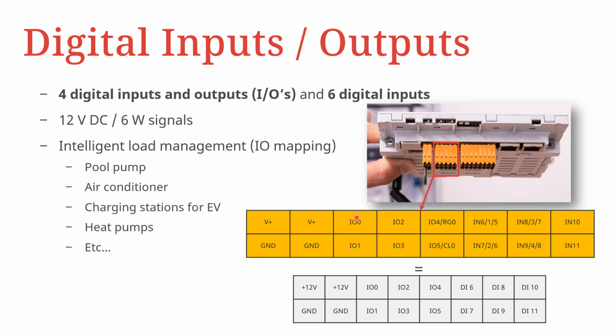So these ports are basically implemented for intelligently managing the load. With these ports, you can intelligently manage your pool pump, air conditioner, charging stations for EV, heat pumps, and the likes.